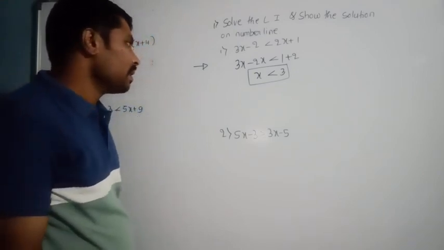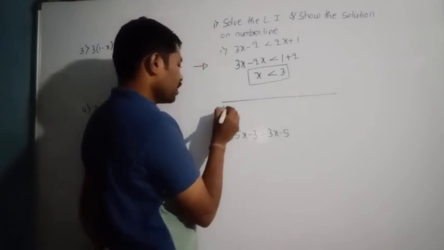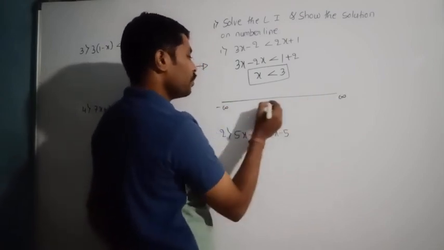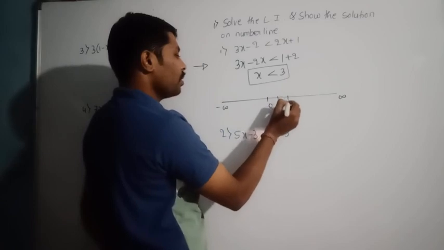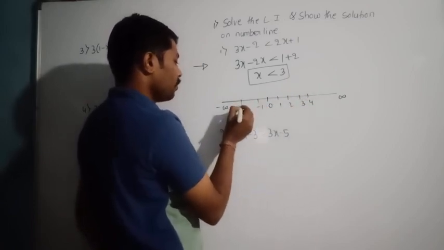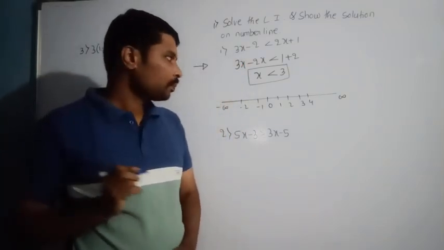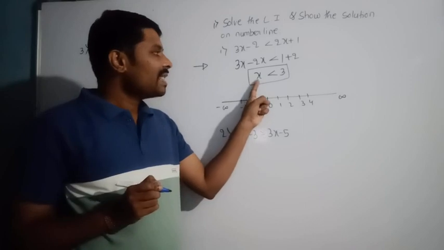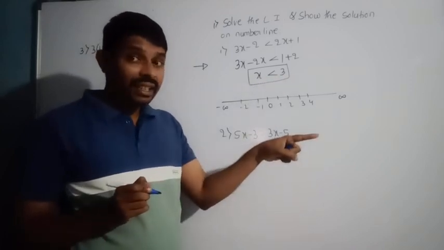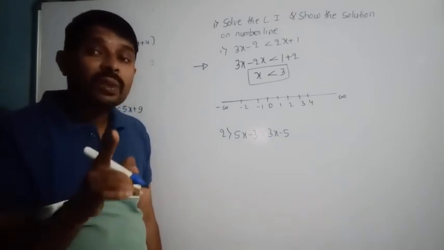How to mark it on the number line? Look, minus infinity, plus infinity, 0, 1, 2, 3, 4 and so on, minus 1, minus 2. Observe properly. Look here, x is less than 3. Is 3 included or excluded?